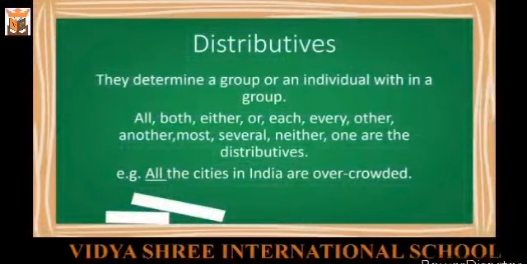Our next category is distributives. What are distributives? The determiners that determine a group or an individual within a group. For example, all, both, either, or, each, every, other, another, neither, several, most are the distributives.